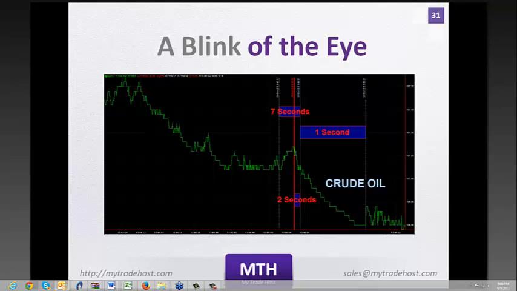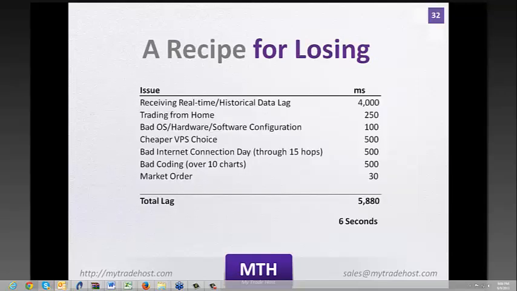As we say to a lot of people coming to us, a recipe for losing is basically what bad choices you might make for your trading and also your trade location of your trading server. Say, for example, a trader trades from home. They're getting their data seconds slower than the latest market timestamp.